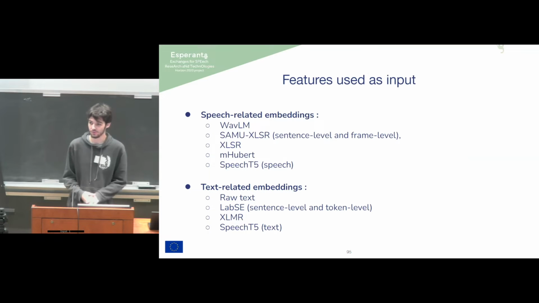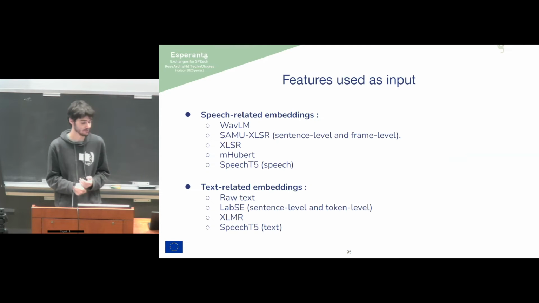For the features, we used different features. Some of them are extracted from speech, some of them from text. Each of these features has some benefits and some drawbacks. For example, WavLM is basically our starting point. We started with that, but it has major drawbacks for our experiment, since it's neither multimodal nor multilingual. It's only trained on English speech.